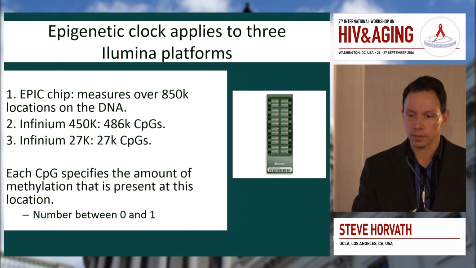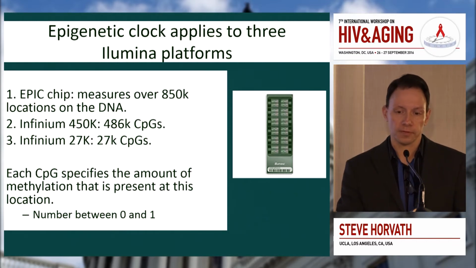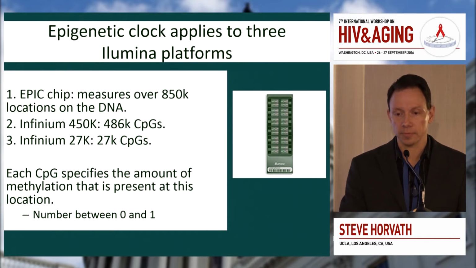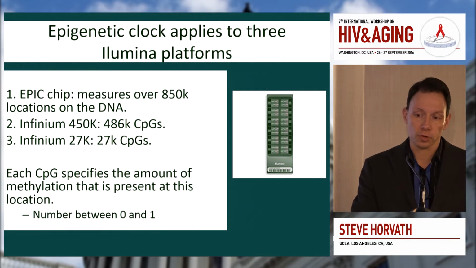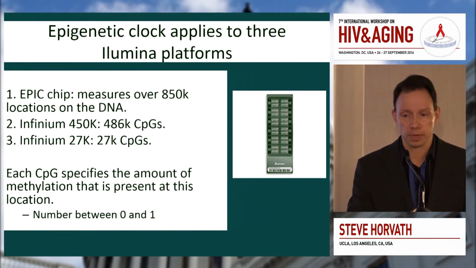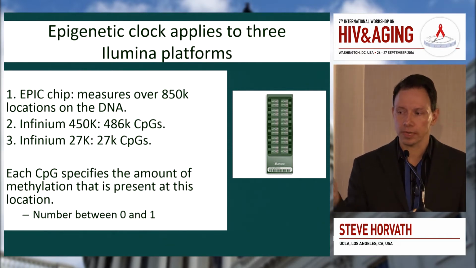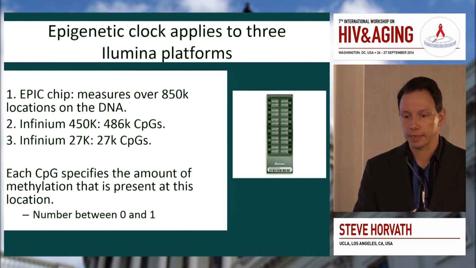The oldest Illumina chip was known as the 27K array. Then most of us have the 450K data, which measure 500,000 cytosines in the genome. And now the most recent version is called the EPIC chip, which measures over 850,000 locations on the DNA. Each location is known as a CpG, which is a dinucleotide.